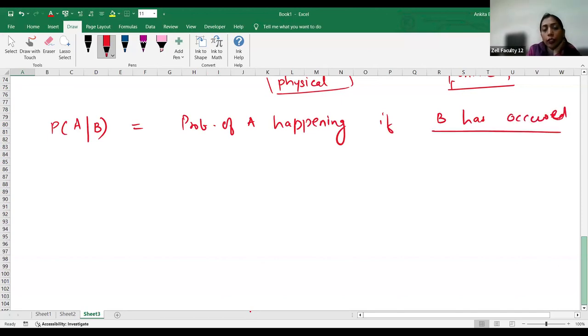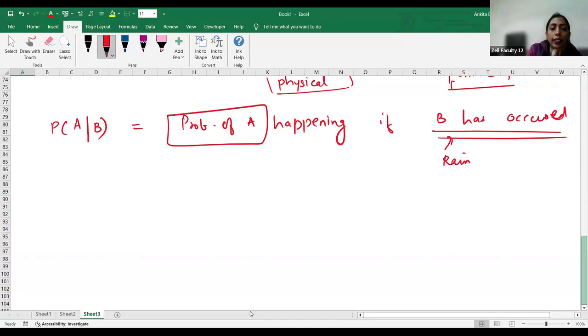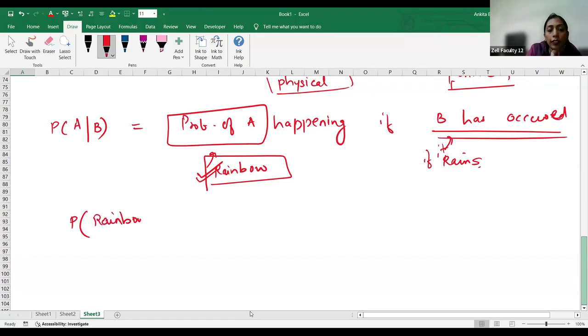Suppose the event B is rain and the event A is a rainbow, then I'm asking what is the probability that I would be able to see a rainbow if it rains? So I write it as probability of rainbow given rain.